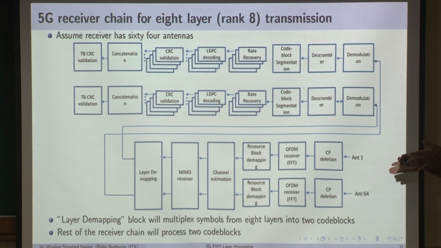If tomorrow I increase the number of layers to, let's say, 16, my current design will not work. Let's say if 6G tries to do that. The modulation in 5G is up to 256 QAM, people are talking about 1024 QAM.